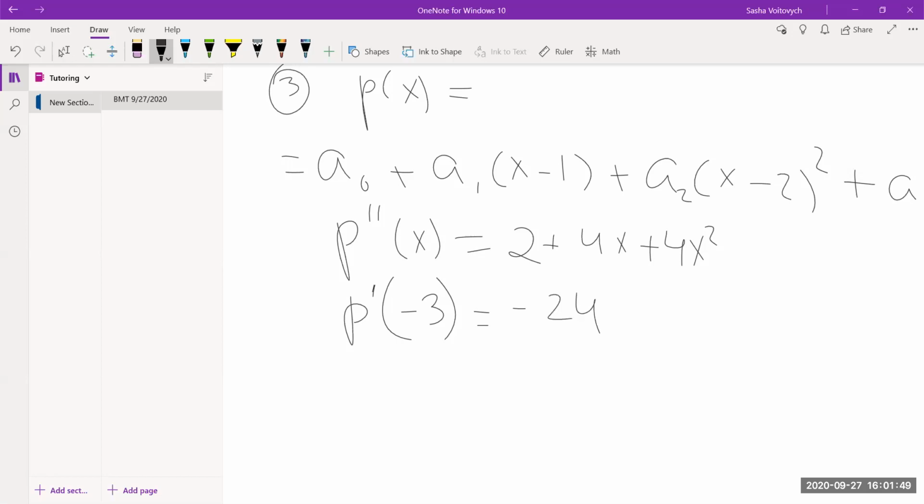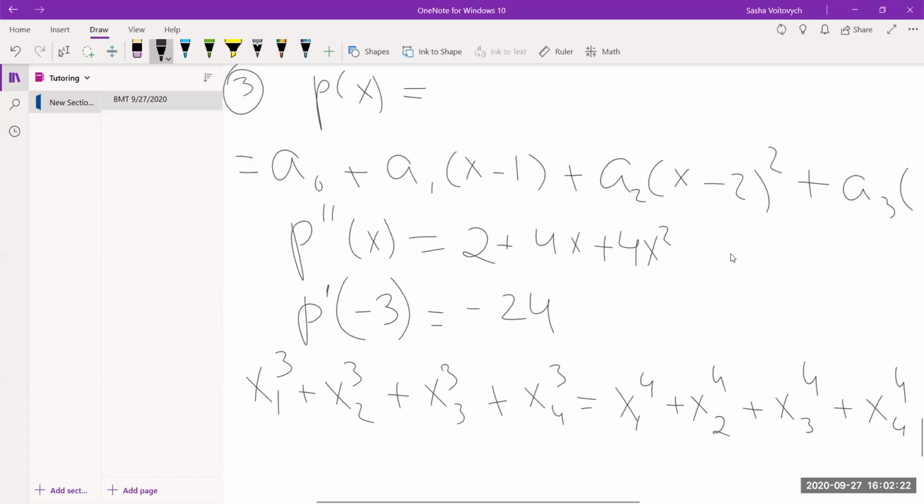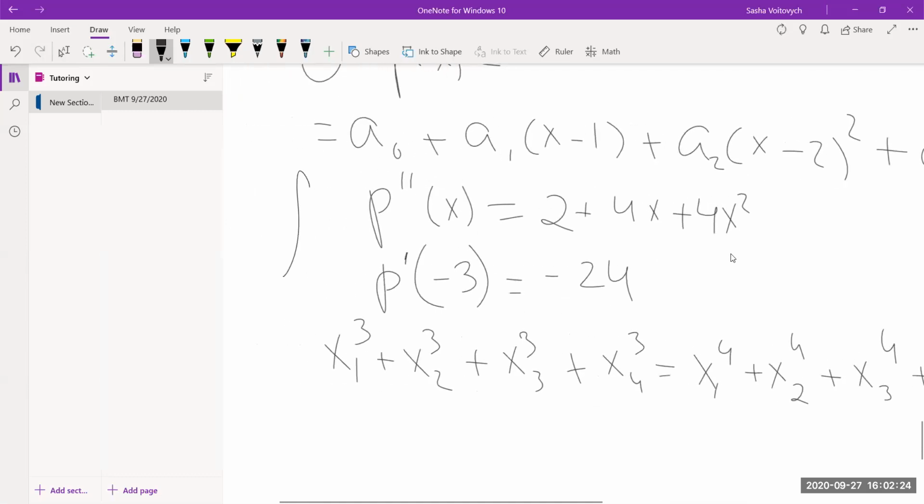Okay, minus 24. And we also know that if x1, x2, x3, x4 are the roots, then the sum of third powers is equal to the sum of fourth powers. Yes. So yeah, these are 3 conditions we're given.